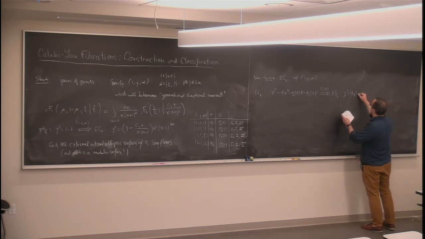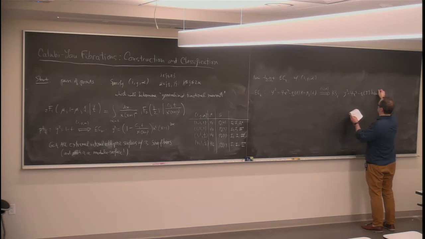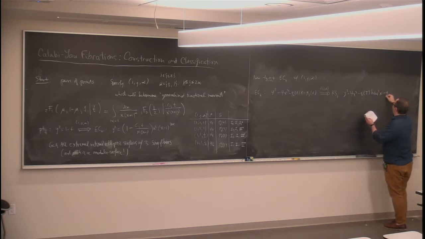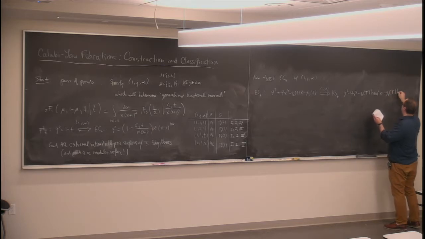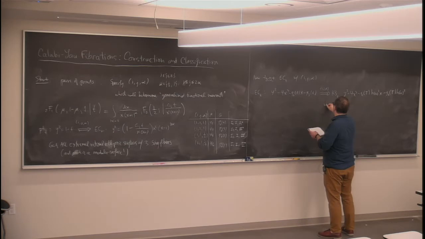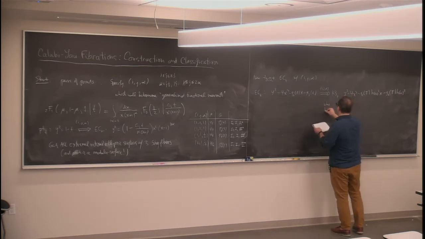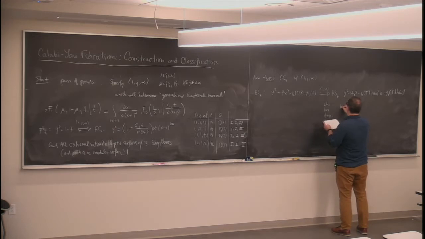It's 4x cubed minus g2 of big T, h of u squared x, minus g3 of big T, h of u cubed. Okay? Where the base change is, okay, we have a double cover.